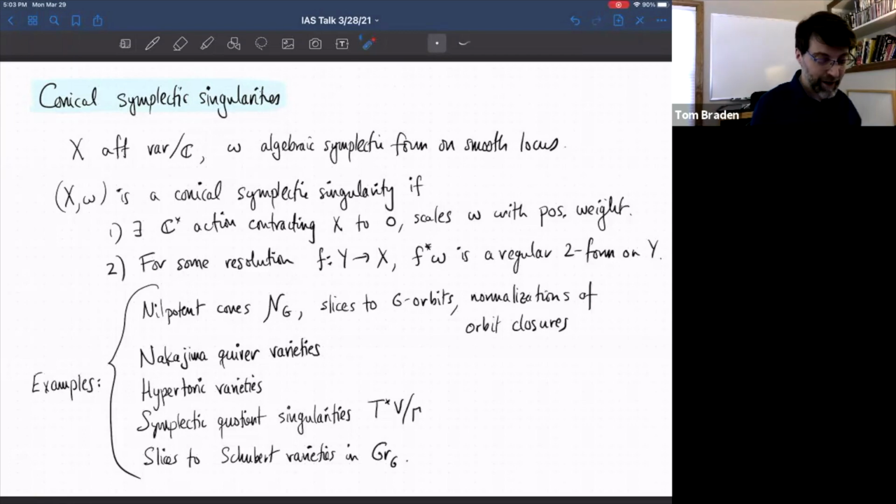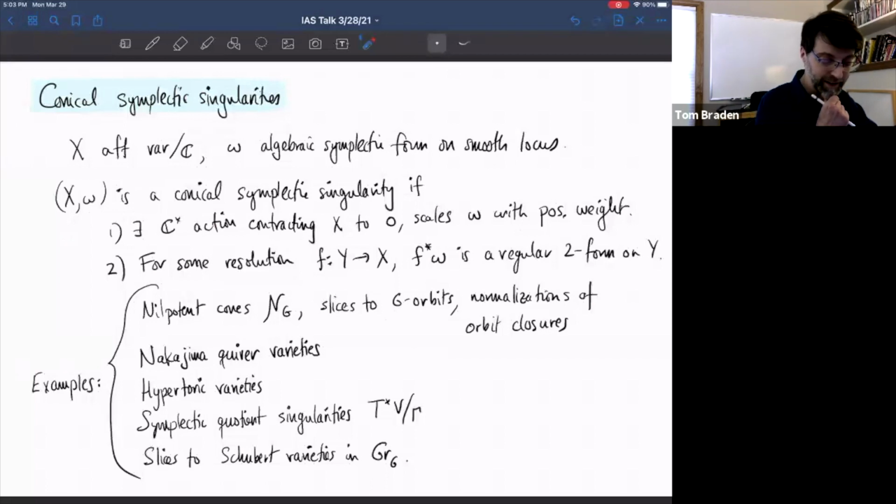And a lot of the beautiful varieties that show up in geometric representation theory are of this class. So the nilpotent cones of reductive groups, and more generally, you can take slices to orbits in nilpotent cones, or possibly normalizations of orbit closures. These generally have these properties.